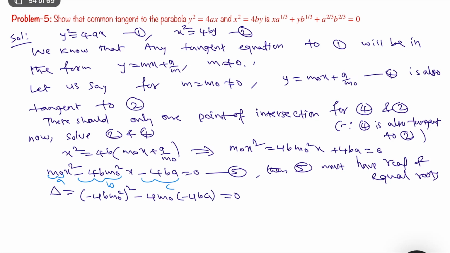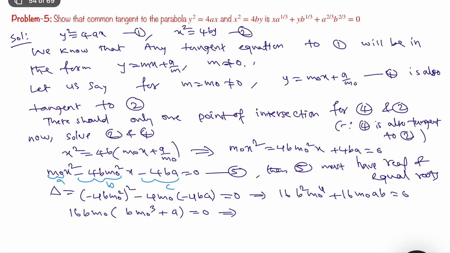This discriminant must be 0. So that will give me 16b square m naught to the power of 4 plus 16 m naught ab equal to 0. Now if I take 16b m naught common, then I will have b m naught cube plus a equal to 0.